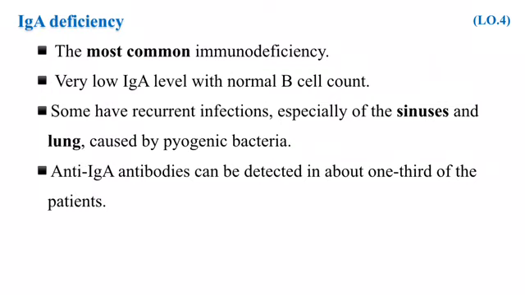Some have recurrent infections, especially of the sinuses and lungs, caused by pyogenic bacteria. Anti-IgA antibody can be detected in about one third of the patients in the lab tests.